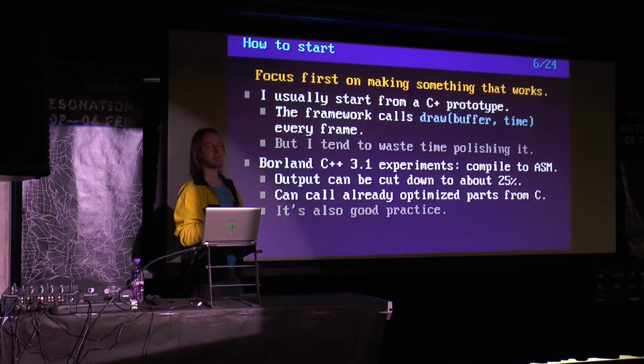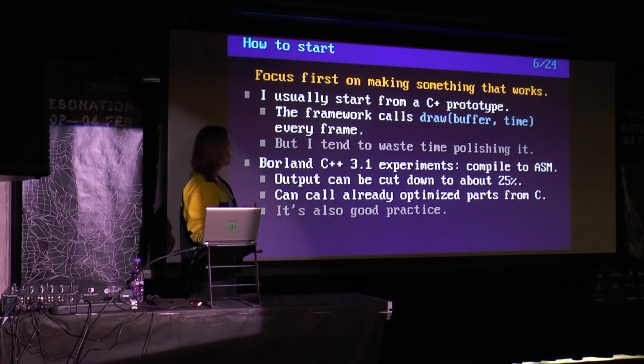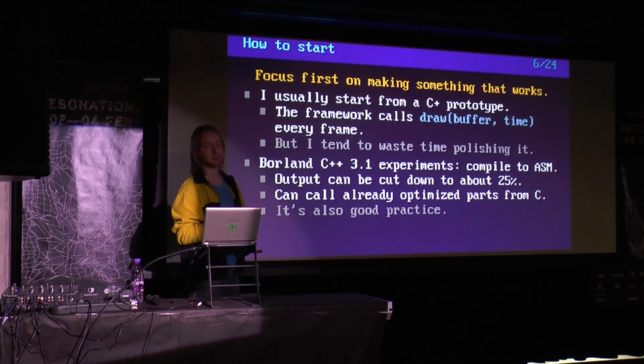It can be cut down to about a fourth. And the good part of that is that we can link the C together with the assembler code we use. So we can iterate a bit on the C side. It's also good practice for optimizing code.